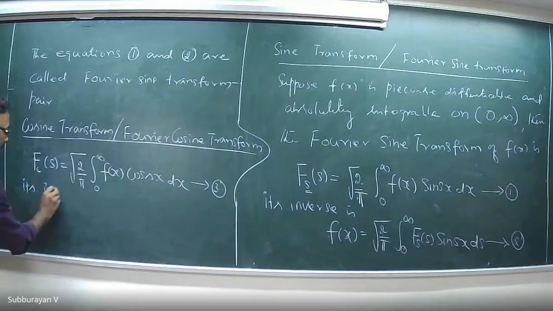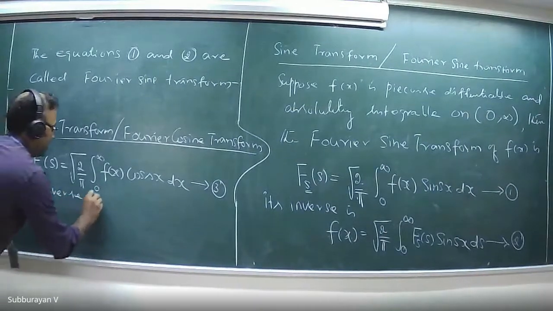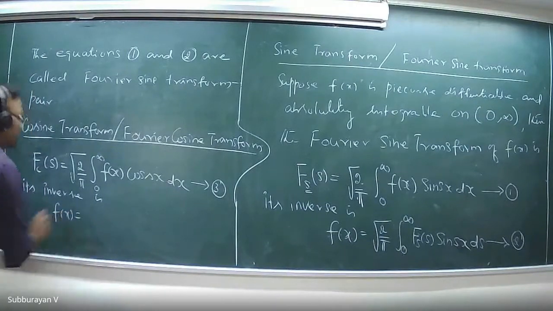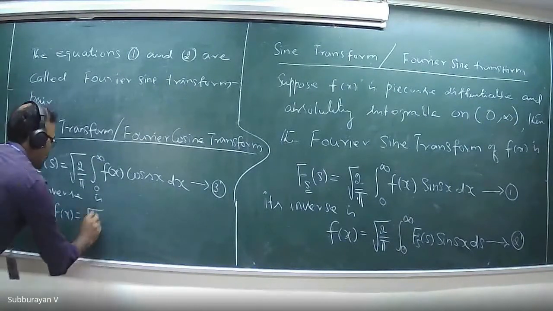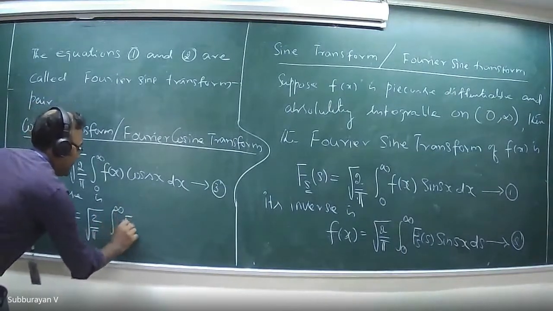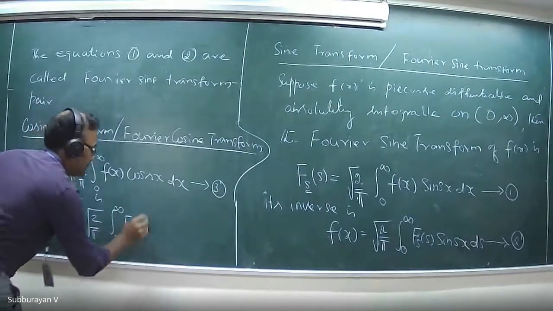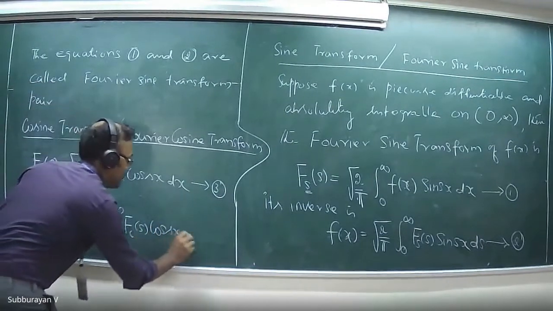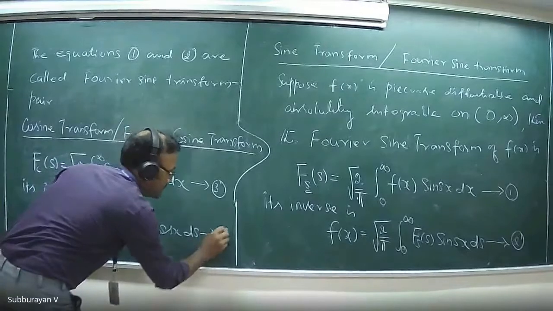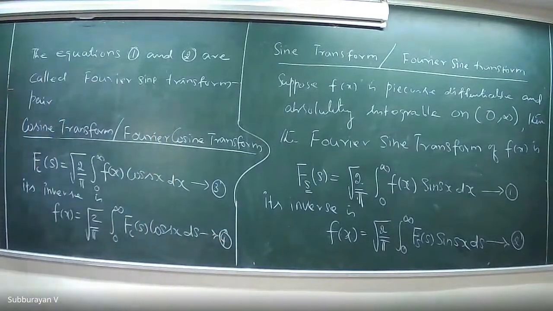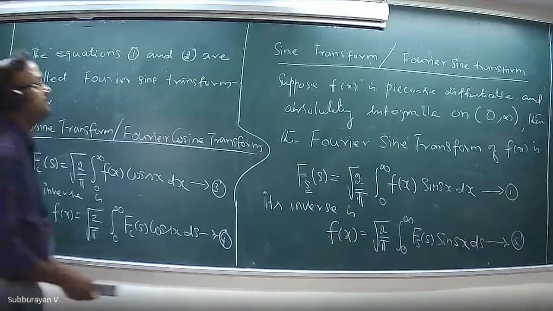inverse is small f of x, which is equal to under root 2 by pi integral 0 to infinity Fc of s into cos sx into ds. This is equation number 4.